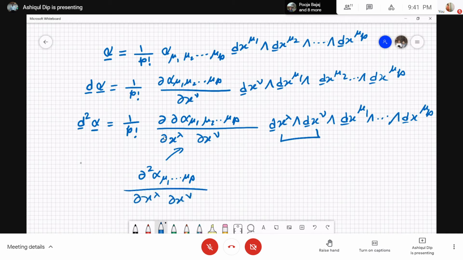Here you are taking the derivative with respect to x nu first, then the derivative with respect to x lambda. But it's a partial derivative, and we know from the properties of partial derivatives that you can switch those two.